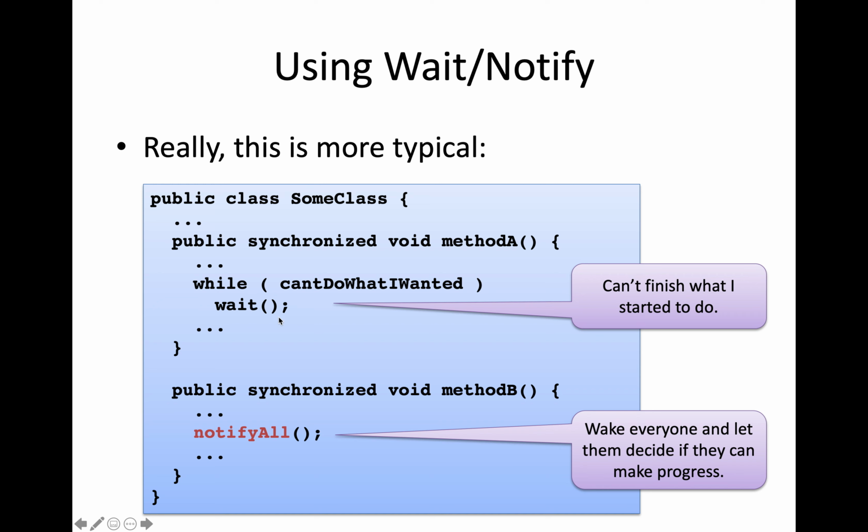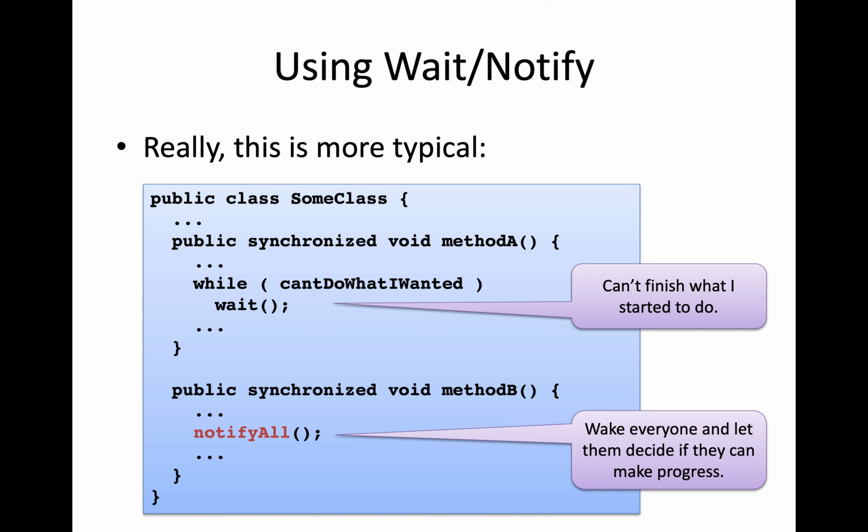Remember, it puts them in something called the wait set for the object. It'll release the lock on the object, and put them in that wait set until some other thread comes along, gets into the monitor and calls notify, or more typically, notifyAll.